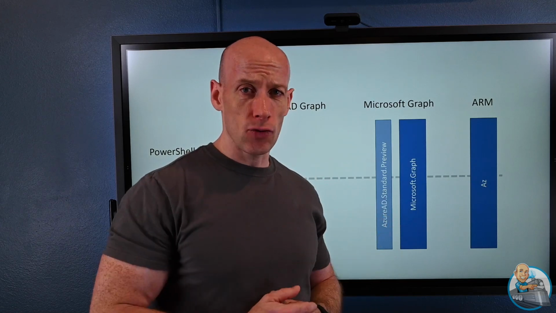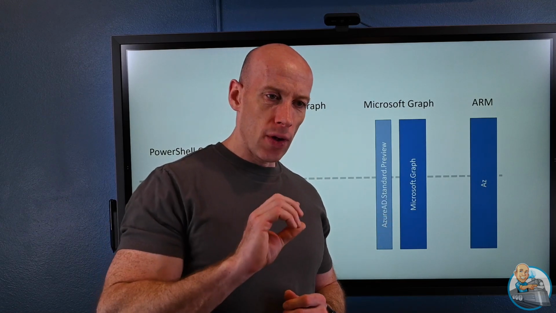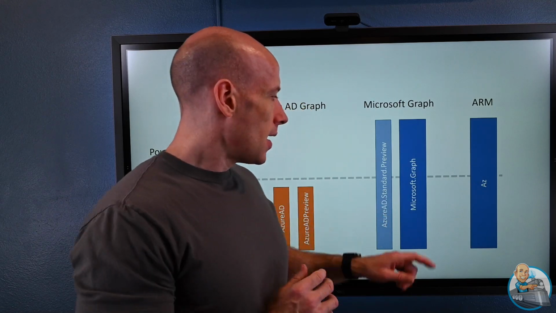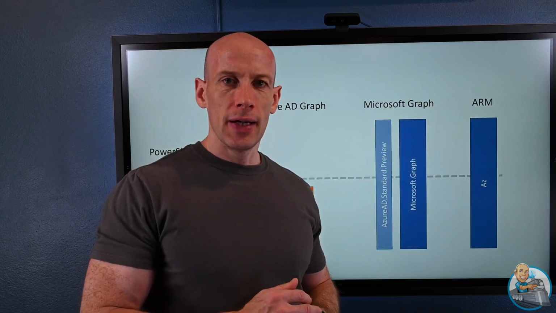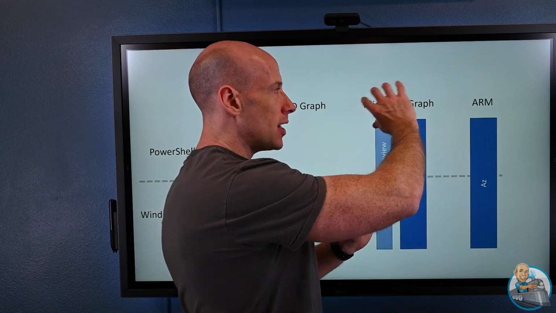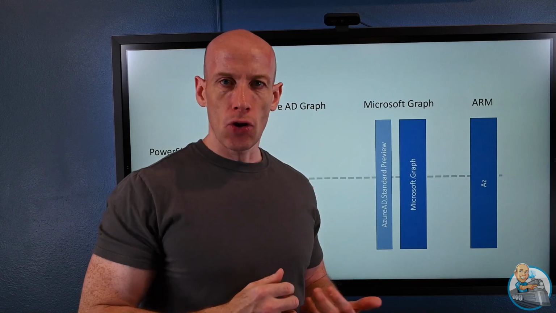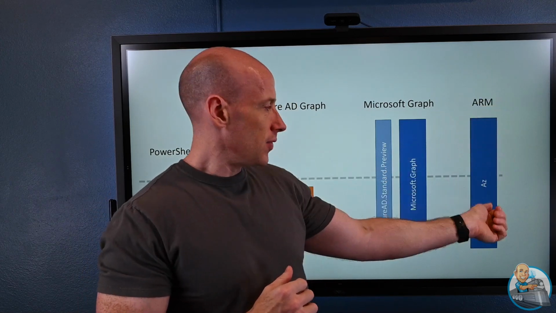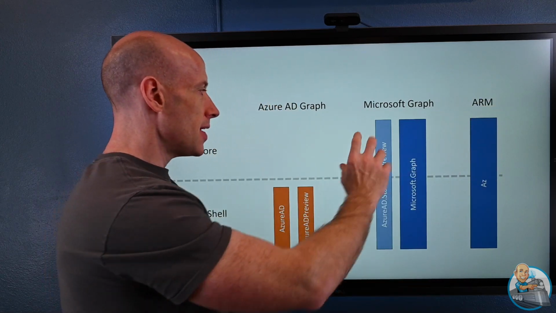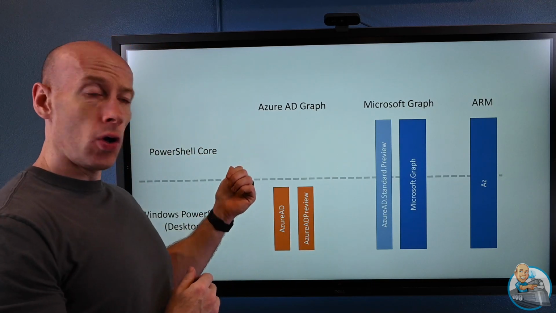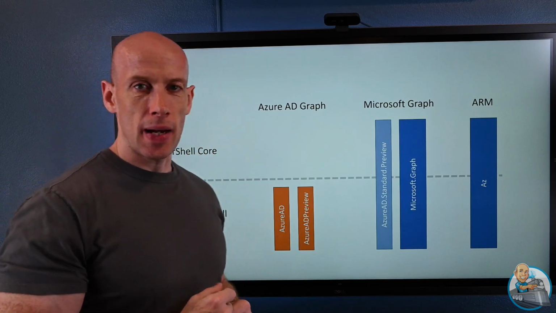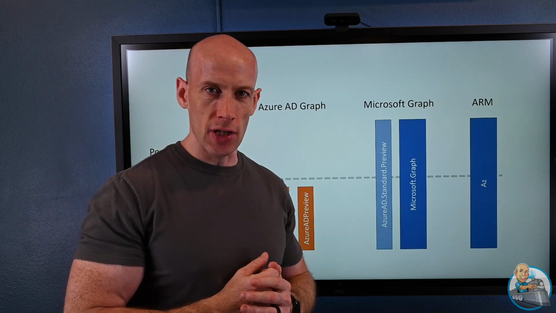I can do a lot of things from there. If I need all of those knobs and dials, I'd be looking at the Microsoft.graph. Both of these are really hooking into the modern Microsoft Graph, this via ARM for the Az module. And these all work on both PowerShell Core and Windows PowerShell, so the Desktop and the Core editions.